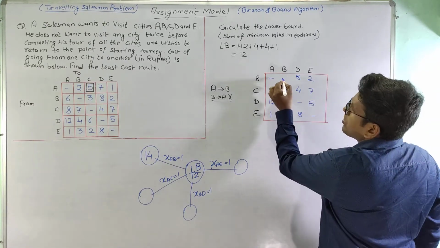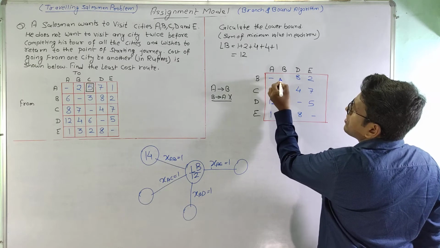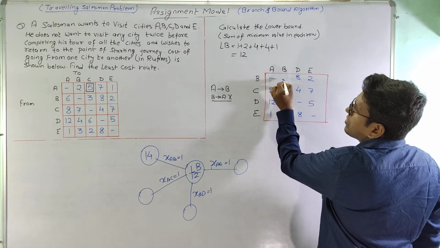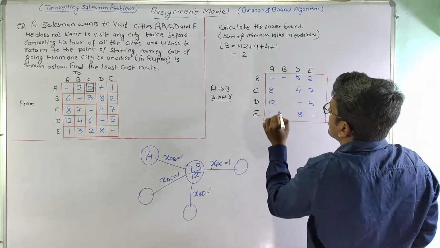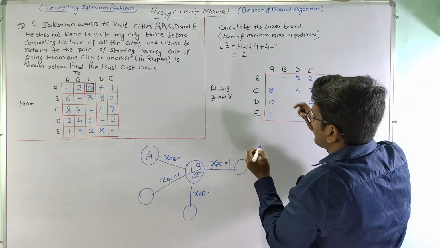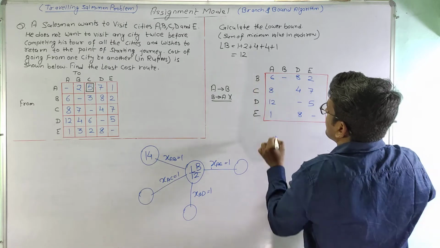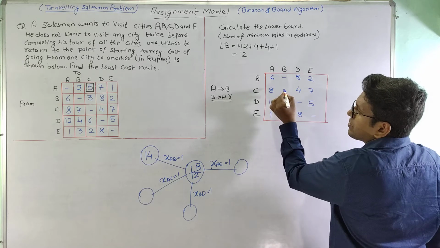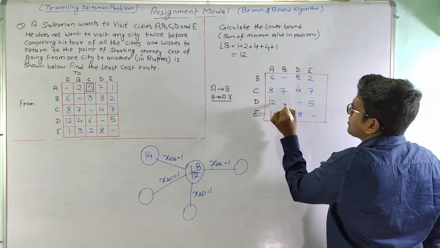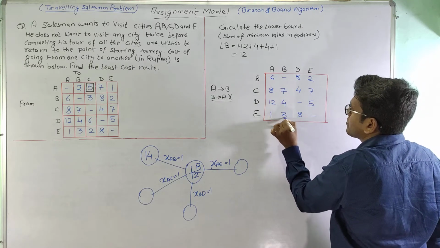2, A, B to B is dash, B to B is dash. Okay, this will be 6, this will be dash, this will be 7, 4, 3.